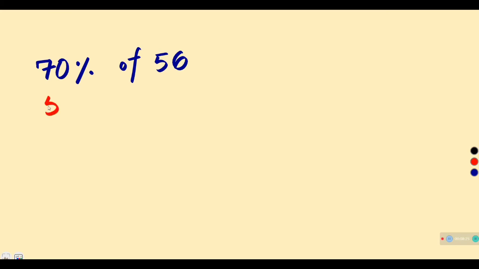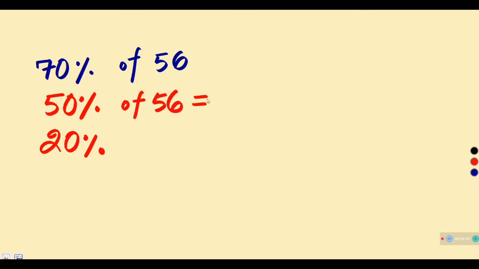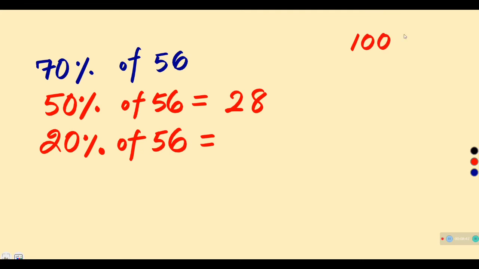70% is the addition of 50% and 20%. 50% of 56 is half of 56. Half of 56 is 28. 20% of 56. Now remember, I told you that 100% is the number itself.